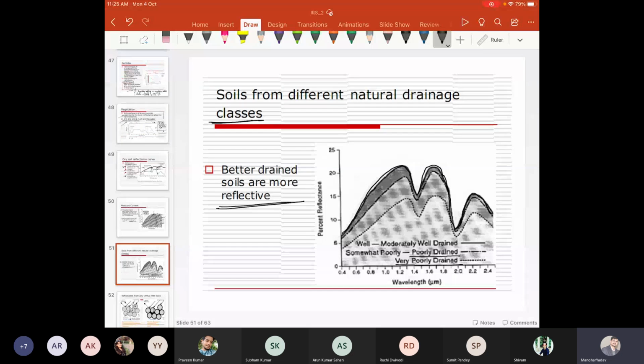You know that in various classes of soil, their drainage capabilities vary. So the soil that is better drained, in that case, you can expect more reflectance compared to the poorly drained soil. And it is evident in this plot.